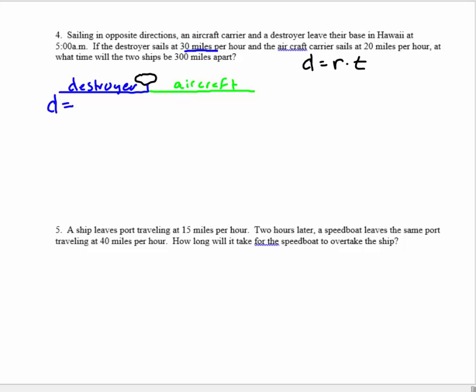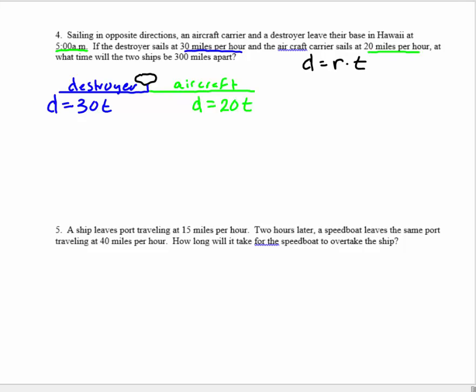Well, its rate is 30 miles per hour, and its time we don't know, so we'll call it t. So we'll have 30t. The aircraft carrier distance is equal to its rate times its time. Its rate is 20 miles per hour, and its time we don't know either. We can actually use the same t for time because they both started at 5 a.m., so we don't have to worry about changing the time.